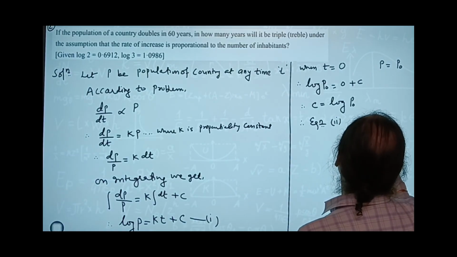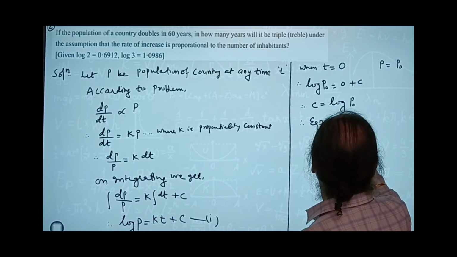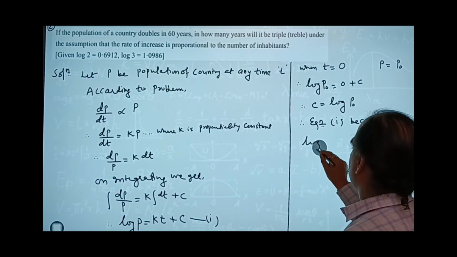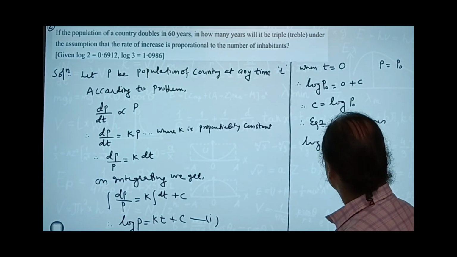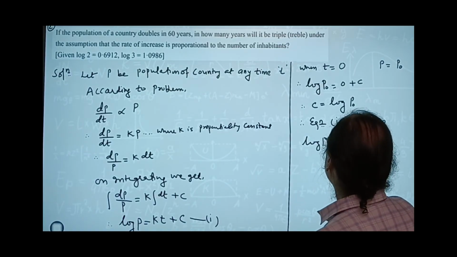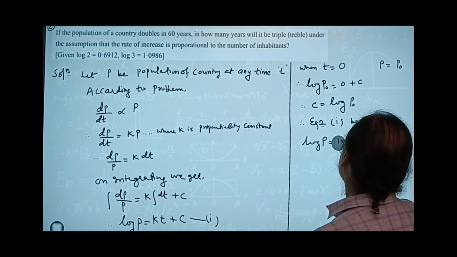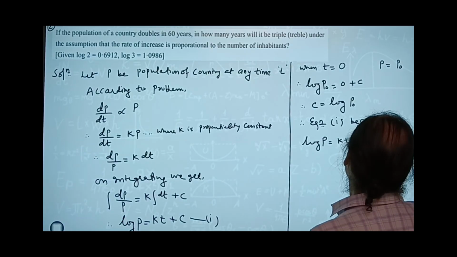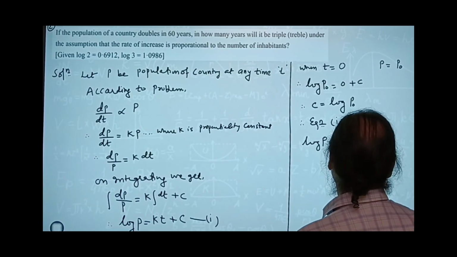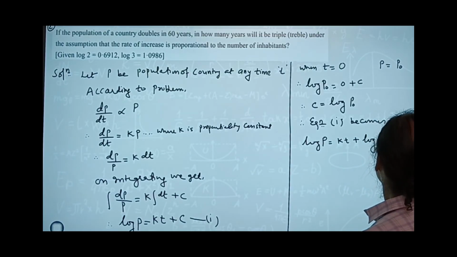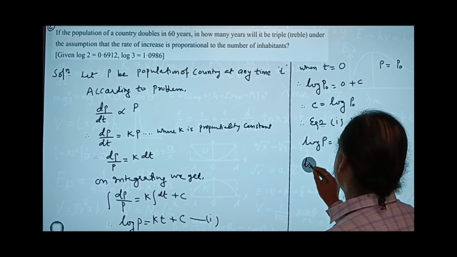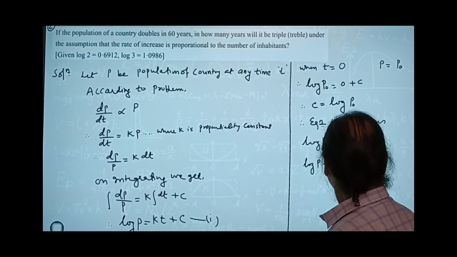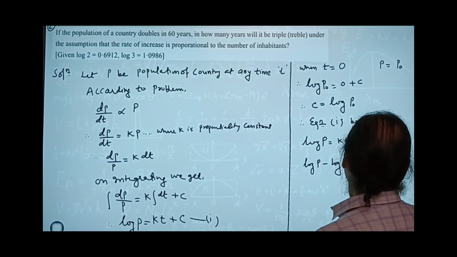Log p is equal to kt plus log P0. Bring log P0 on this side, so log p minus log P0 is kt.